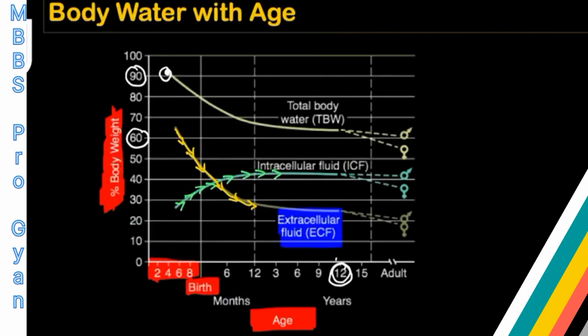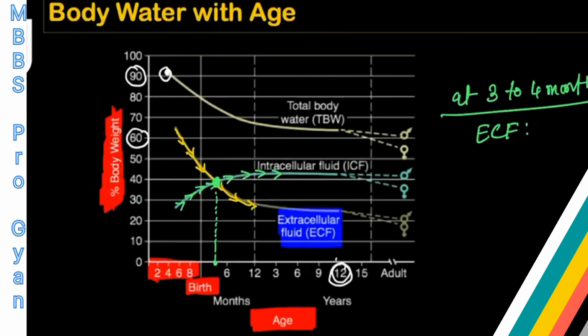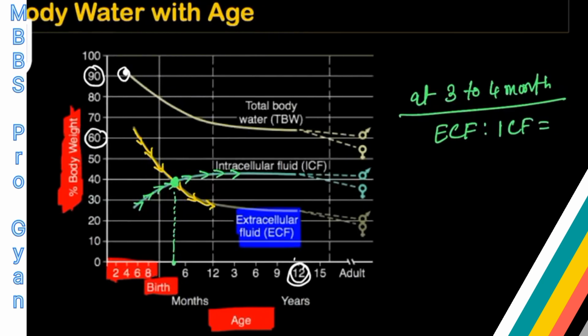Please remember that there is a point where ICF and ECF are both equal. If I plot a perpendicular on this, I can find out that after birth, at the age of 3 to 4 months, the ECF is equal to ICF.